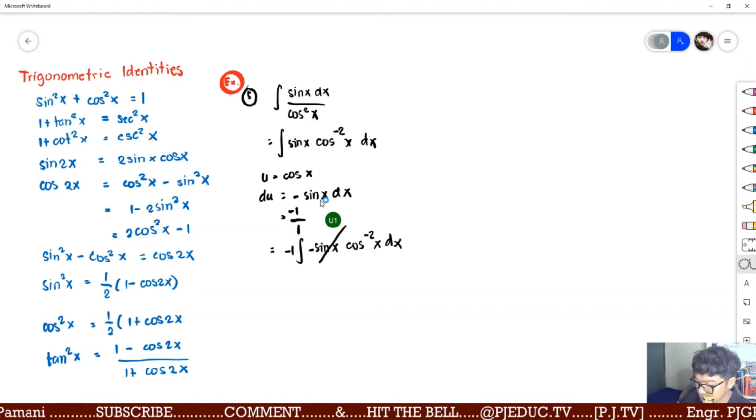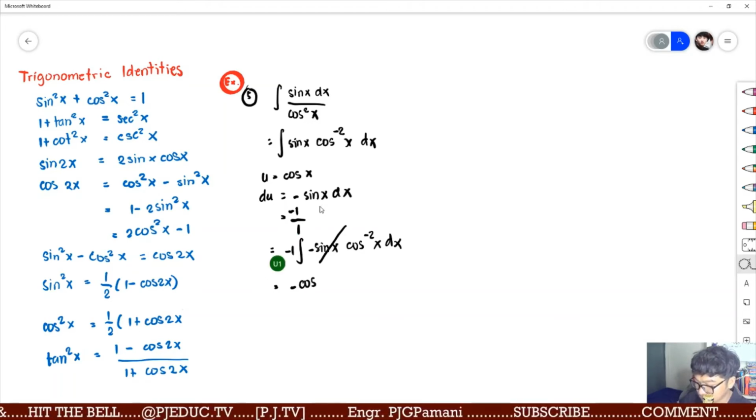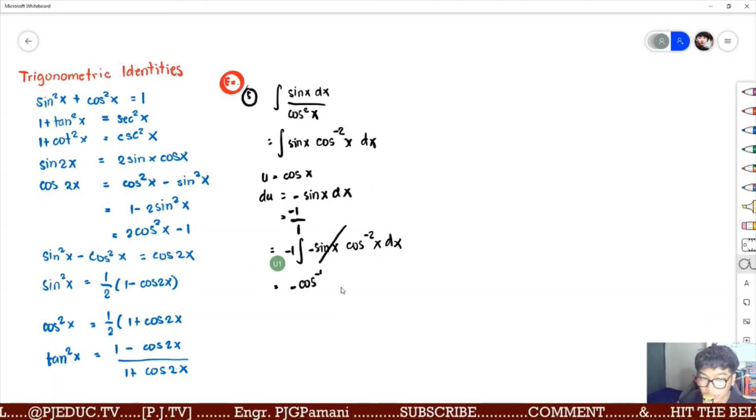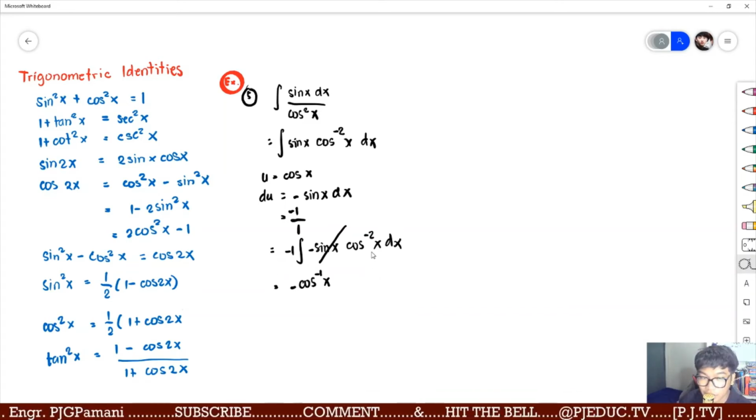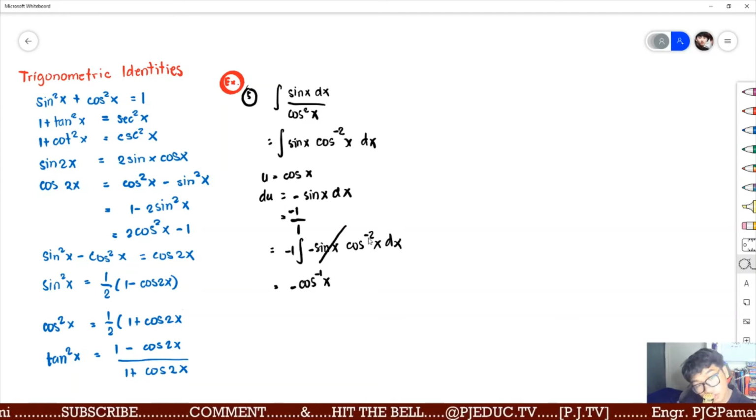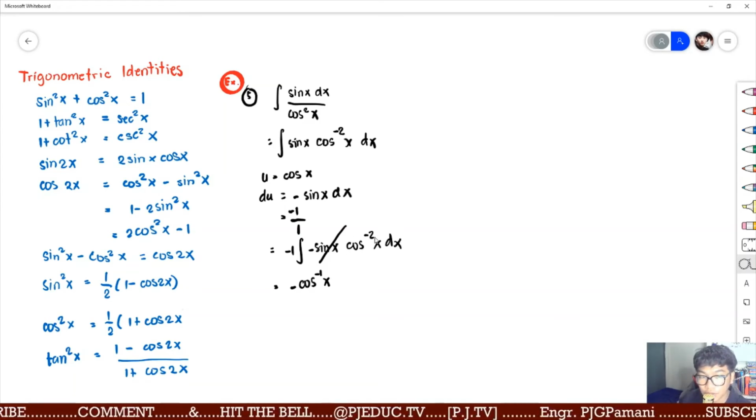So cancel yan. Simplify, that is now negative cosine raised to negative 1 times x. Gagamit na tayo ng power formula at this point. Kasi the differential of cosine x, negative 2 raised to negative 2x, is simply equal to sine x. So never mind that.